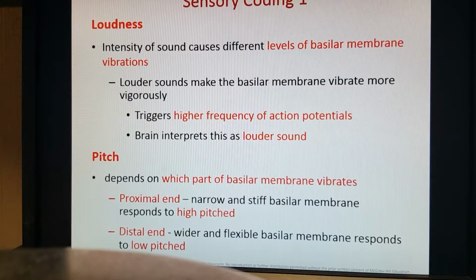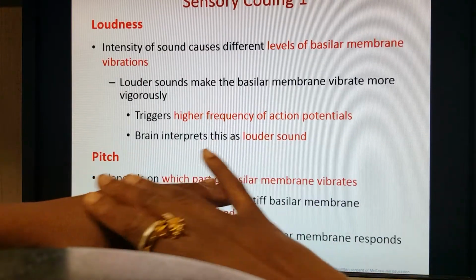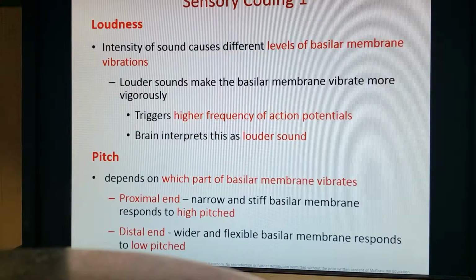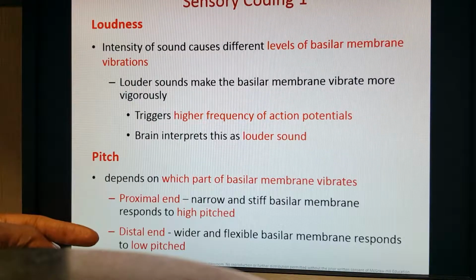Going back to touch, the difference between a soft touch and a pinch or painful touch is based on the frequency of the action potentials. More action potentials from a particular location tells us that's a louder sound. Pitch, again, is based on which part of the basilar membrane vibrates. So proximal end is high pitch, distal end is low pitch.